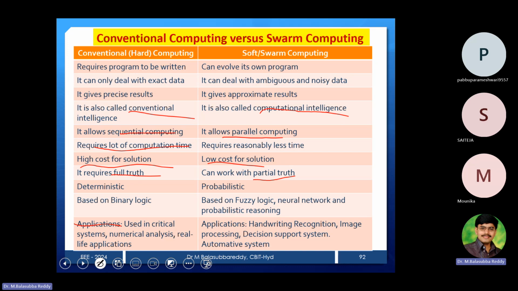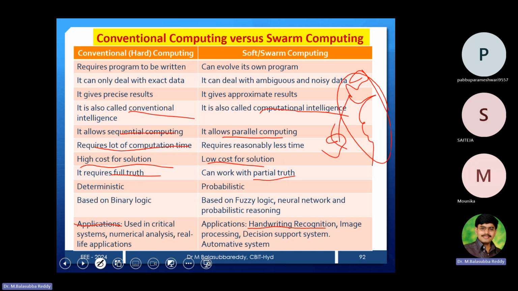In soft computing, there is handwriting recognition. As shown in the first class, while you are writing different letters, the system identifies them. Suppose I write something by hand here, the system will write out what letters we wrote.